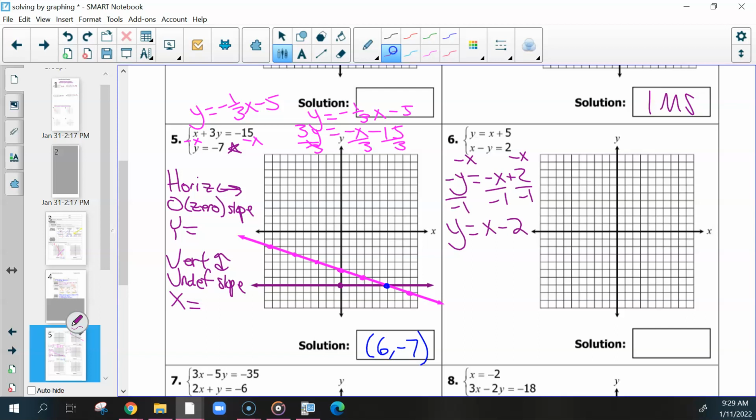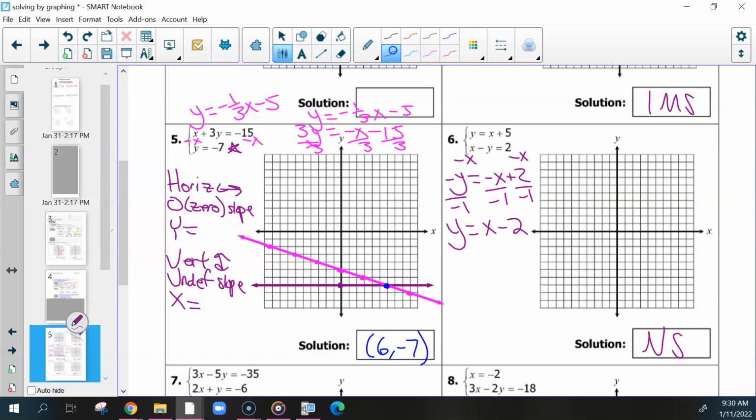What did we notice about these two lines? Same. They have the same slope, which means what for the solution? They are parallel, which means what? No solution, or the 0 with a line through it.